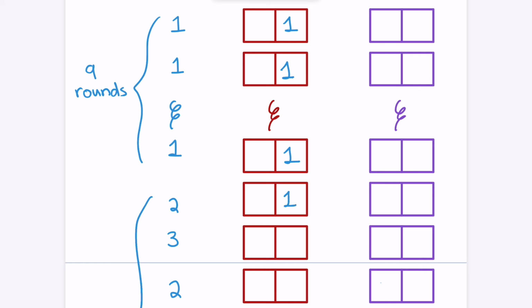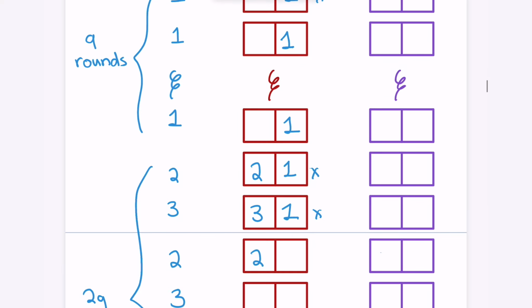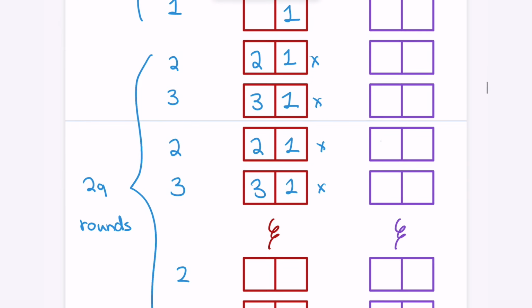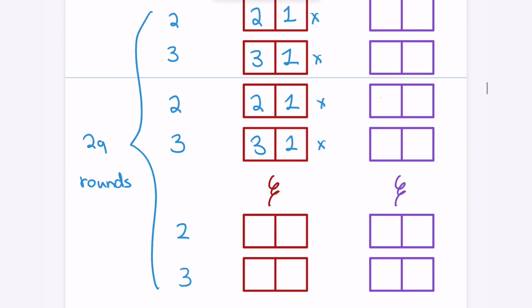Because 1 is already in there and has a very high count, we never evict it. So the next round we bump out the 2, then we bump out the 3, then we bump out the 2, and so forth.